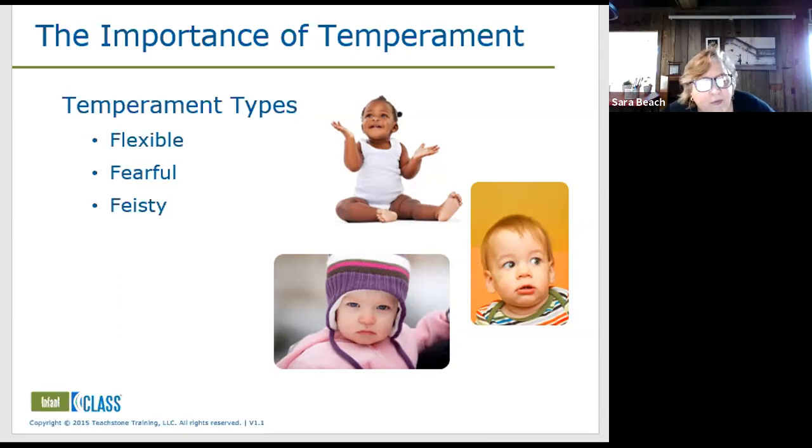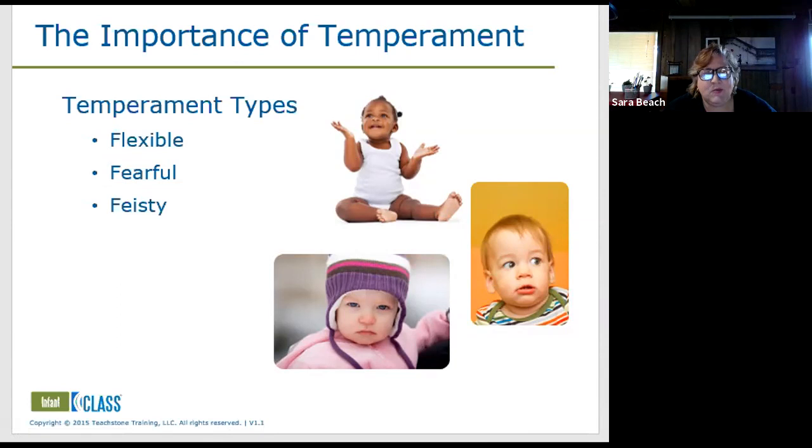Do they fall apart real easily, or are they a little bit more bold? And how do they approach people or situations? Approach withdrawal is one of the other traits. Quality of mood, they look at persistence. So all these different temperamental traits they use to create these types. And so they place babies in one of these types.